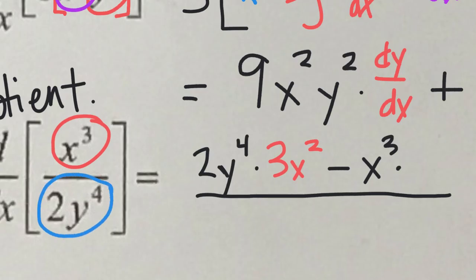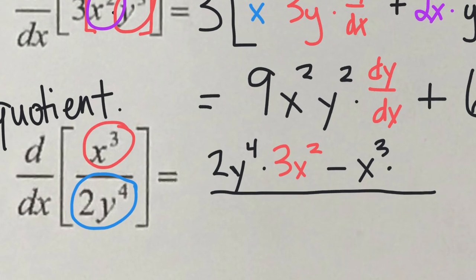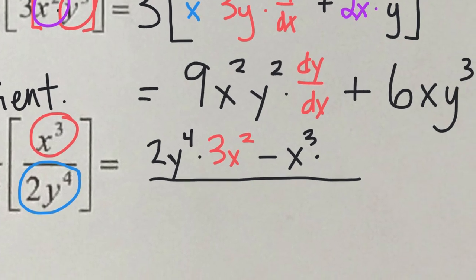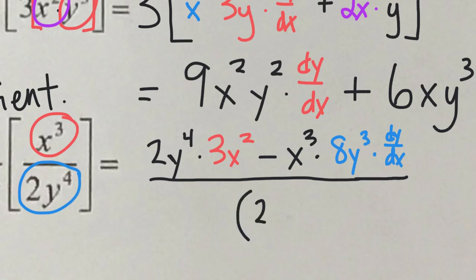So what's the derivative of 2y to the fourth? 8y cubed times dy dx. Okay, because we took the derivative of a y variable, we do the dy dx. And then in our denominator we have 2y to the fourth raised to the second power.